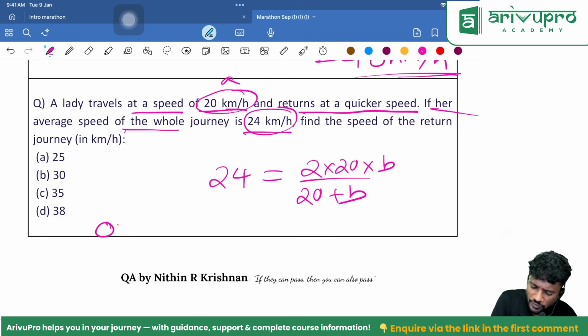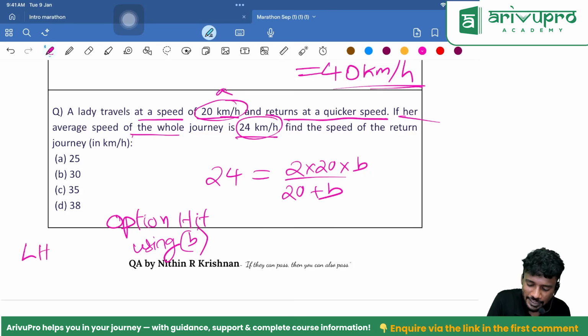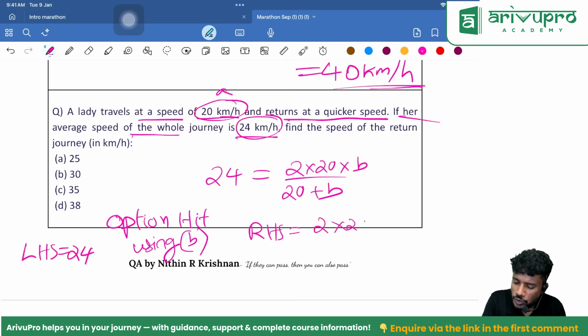So, what will we do? Option hitting. Using which option do you want to try it? B. Yes, we will try using B. LHS is equal to 24. Then RHS is equal to 2 into 20 into 30 divided by 50.